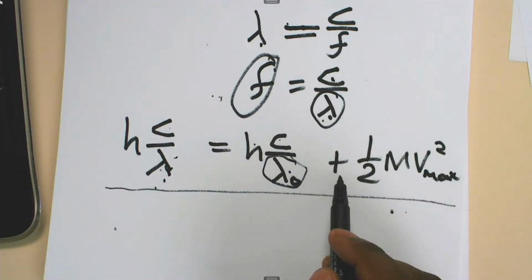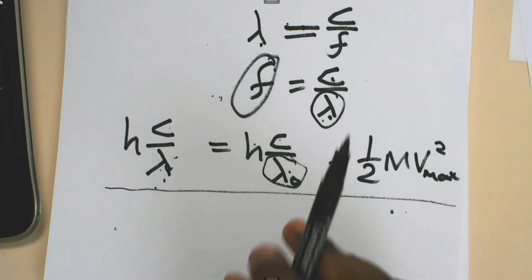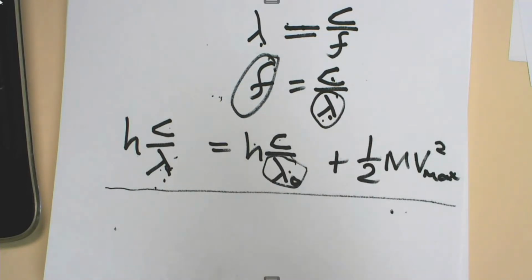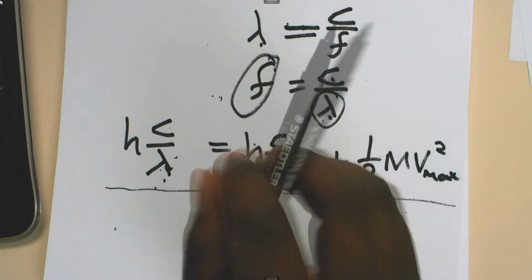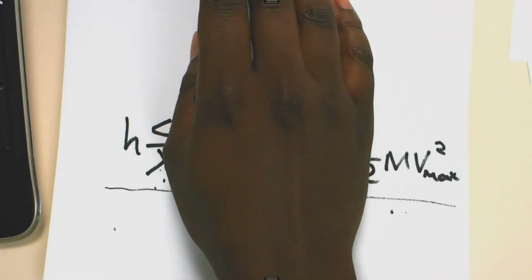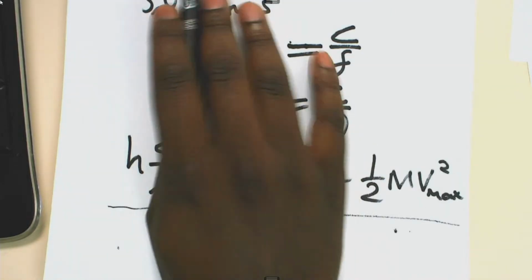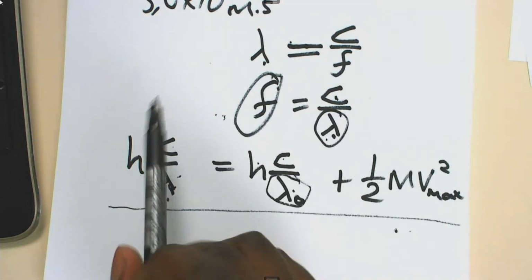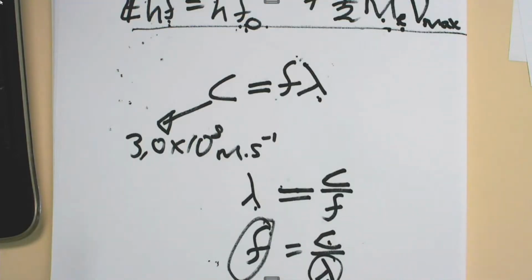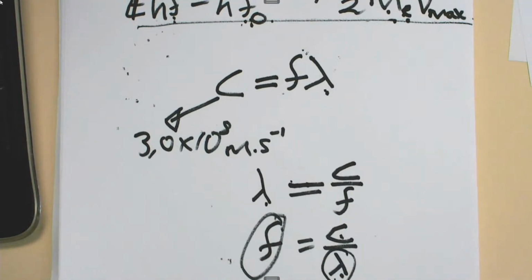Remember, this formula only works if the frequency of light that has been shone onto the metal is greater than the threshold frequency. You are not going to have this formula if the frequency of the light is less than the threshold frequency.